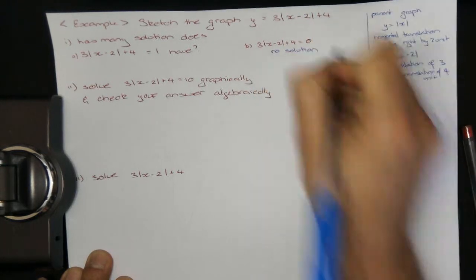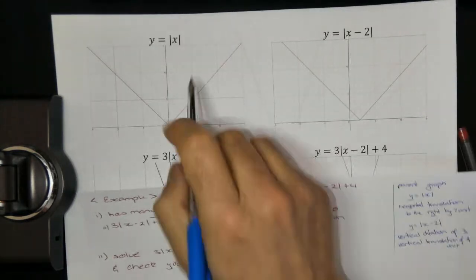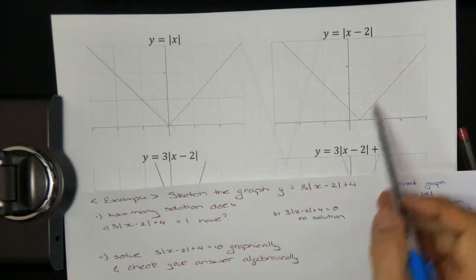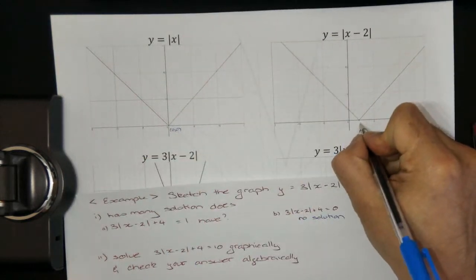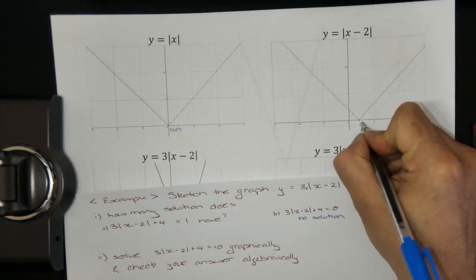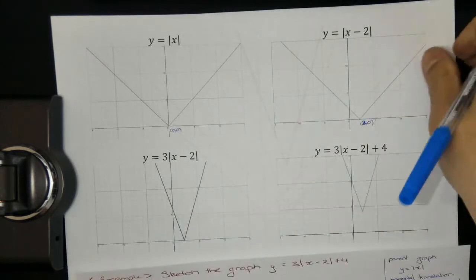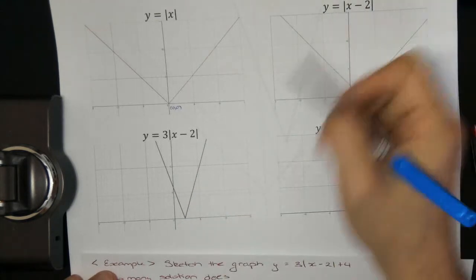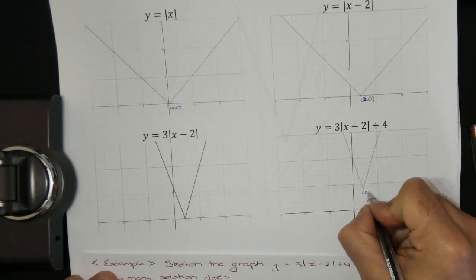I'll just show you my graph. I start with my absolute of x. I shift it 2 units so that this 0, 0 becomes now 2, 0. I then have a dilation of 3, so all points were multiplied by 3, and then it got translated up 4. So here I get 2, 4.